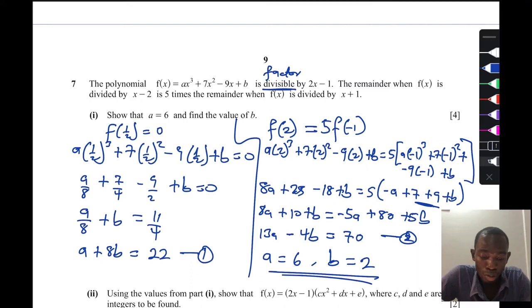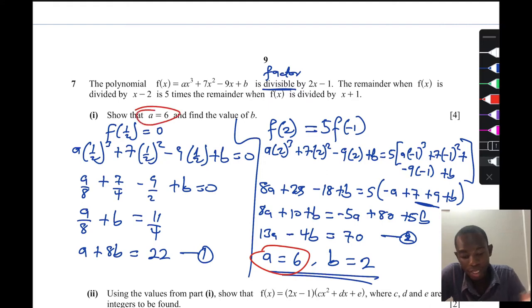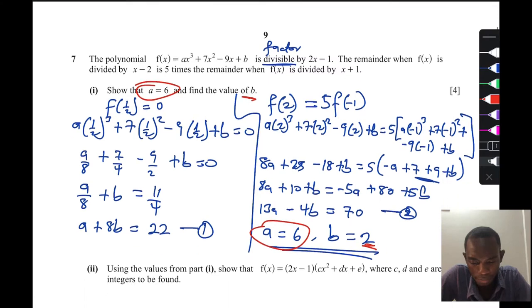So they said show that a equals 6, and that is what we have shown. That's what they wanted. And then they said find the value of b, and we found the value of b. In the exam, please write small so that you can do all these things.